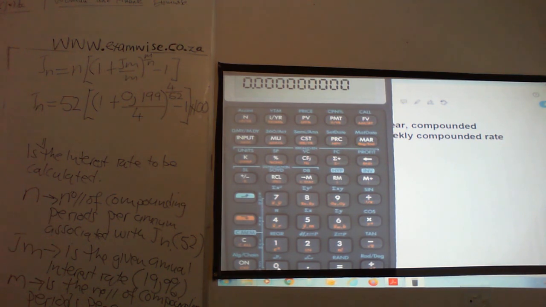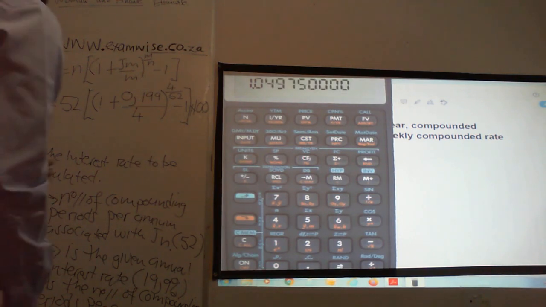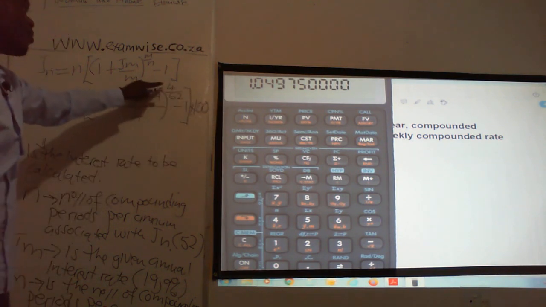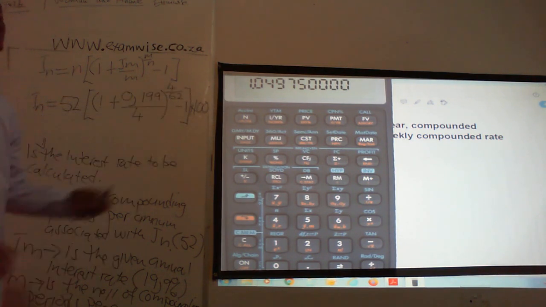So we are saying 0.199, then we said divided by 4, and then we said equals to, then we say plus 1, and then we said equals to. So we now need to raise this amount to the power of 4 divided by 52.